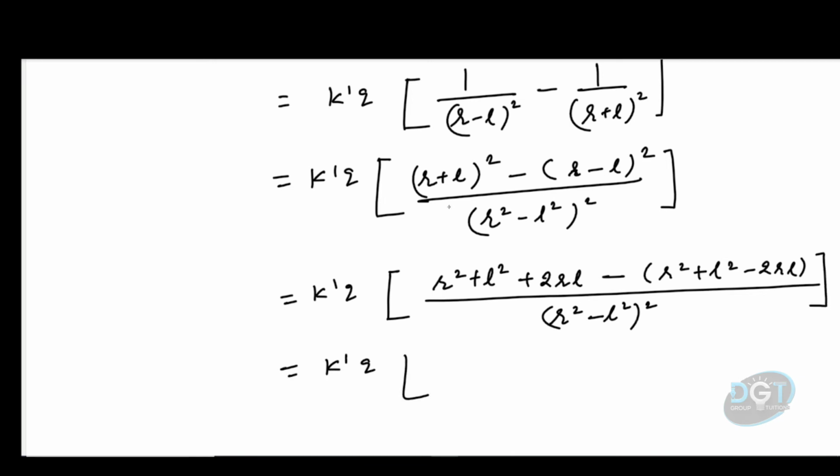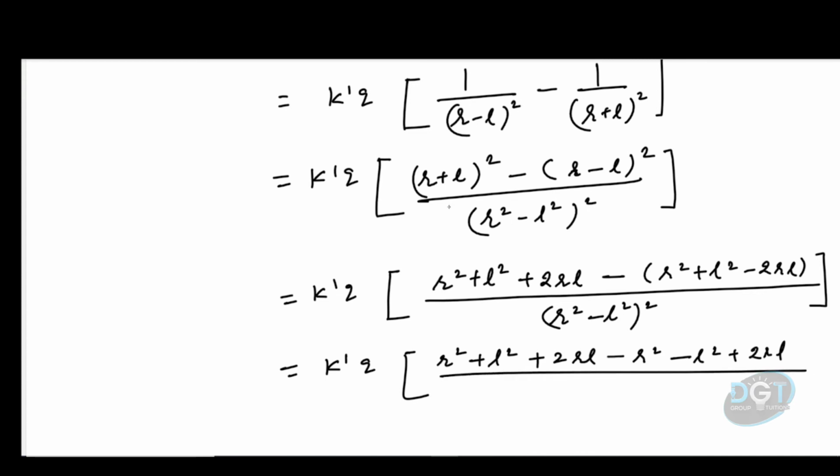So it's like K dash Q. Now when we open the bracket, r square plus L square plus 2rL minus r square minus L square plus 2rL, because minus minus becomes plus, over r square minus L square whole square.